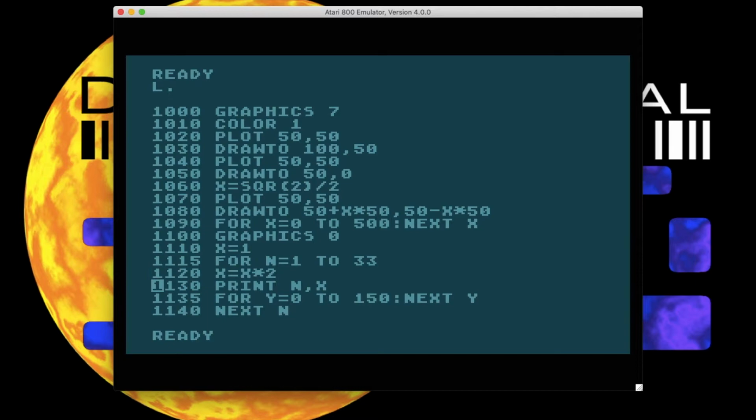And then down here at 1140, we'll do 50 and go x equals x plus what?